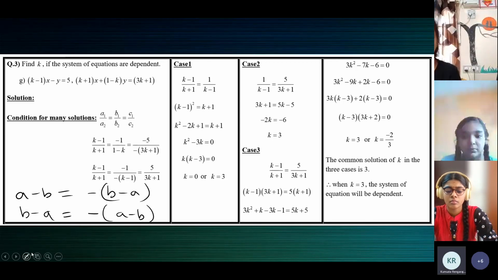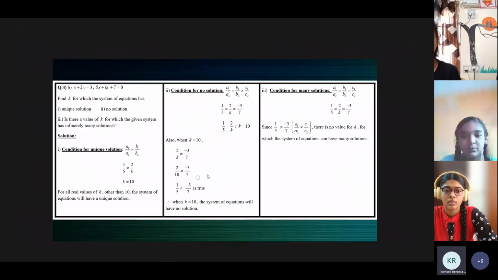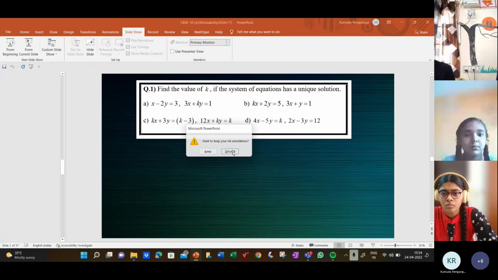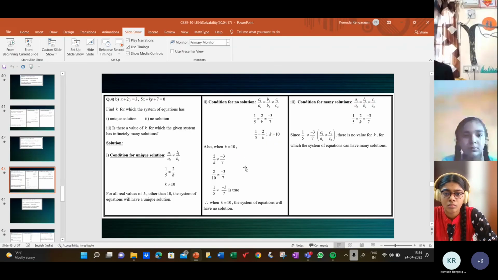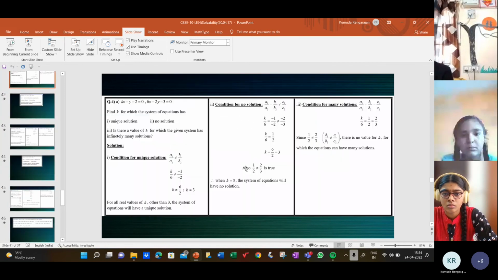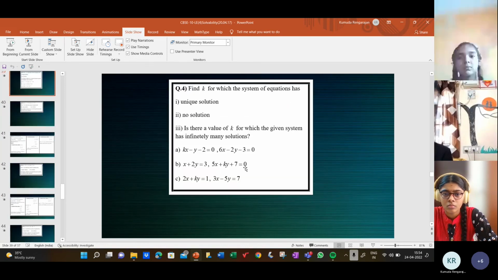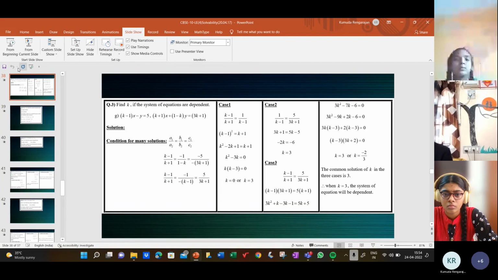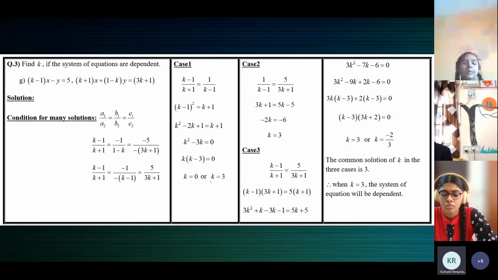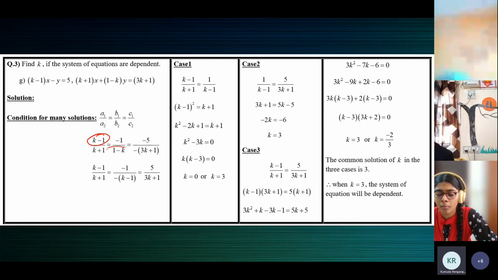So now I'm trying to explain. Now I'm just trying to tell you why I took up this step. So here I have k minus 1. Here I have 1 minus k.